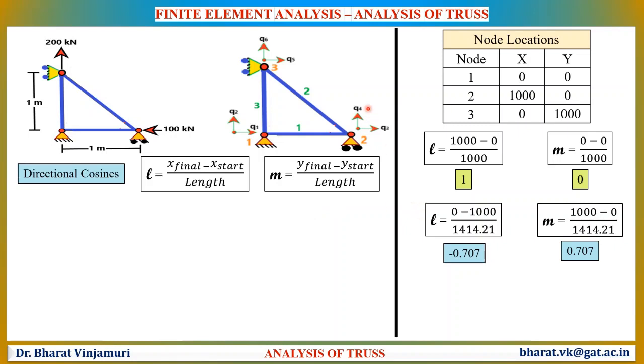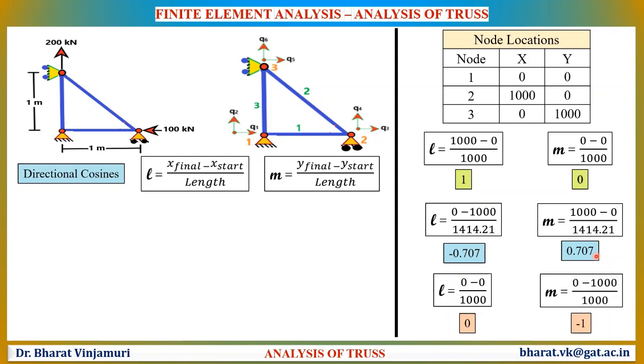Also, for element number 2, we'll be considering the starting node, that is 2, and 3. If you take the x coordinates of node number 2 and node number 3, we'll be getting the value of L. Similarly, if you consider the y coordinates of node number 2 and node number 3, we'll be getting the value of M. Only here, the y coordinate of final node minus y coordinate of starting node divided by length gives the value of M. Similarly, the values of L and M can be obtained for element number 3.